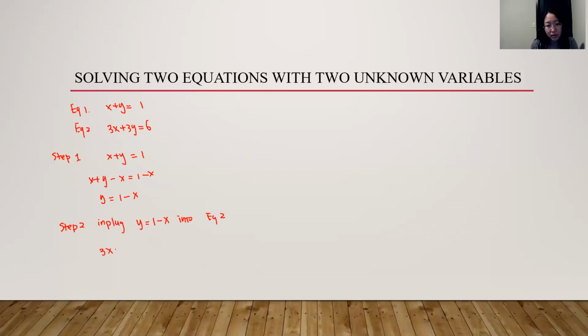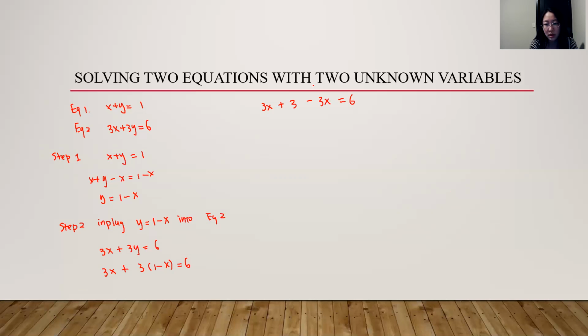So 3x plus 3y equals 6. And if we plug y equals 1 minus x into this equation, we get 3x plus 3 times (1 minus x) equals 6. We can further simplify the left-hand side of this equation. 3 times 1 is 3. 3 times negative x is negative 3x.